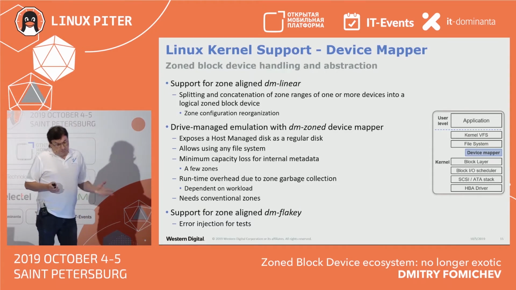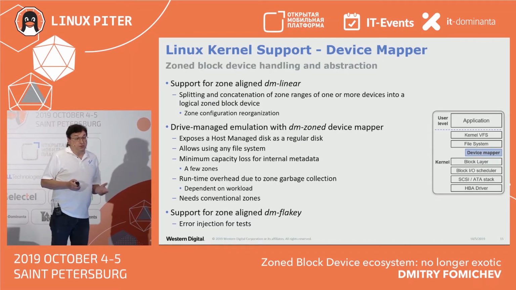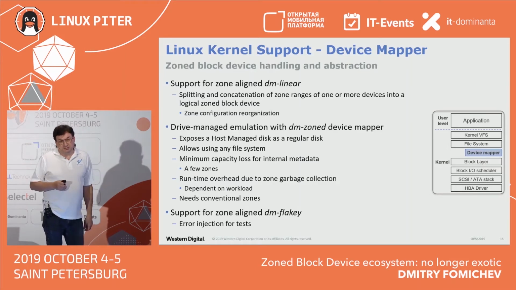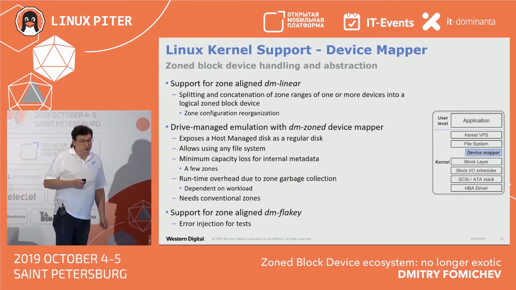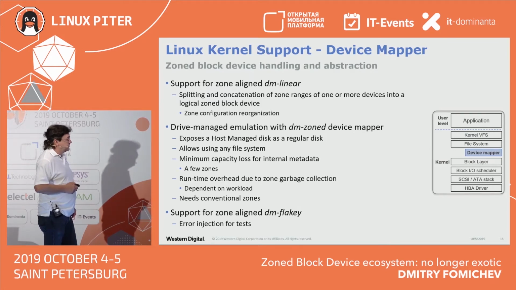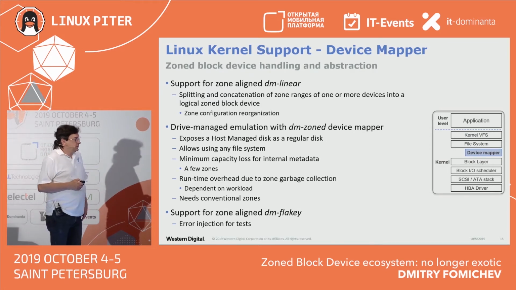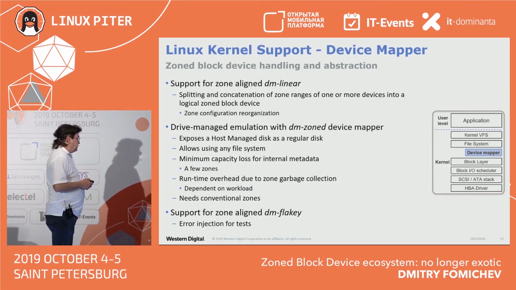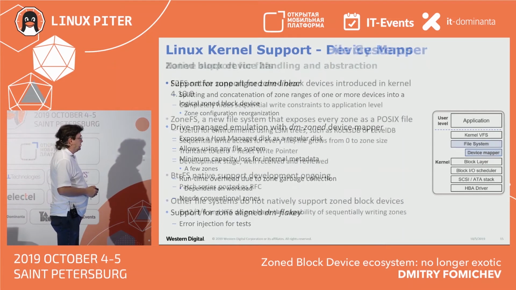So if you buy a drive on eBay and by mistake it turns out to be zoned, you can just run this device mapper, dm-zoned, and on top of that you can mount any file system. And there are some additional devices for testing as well.